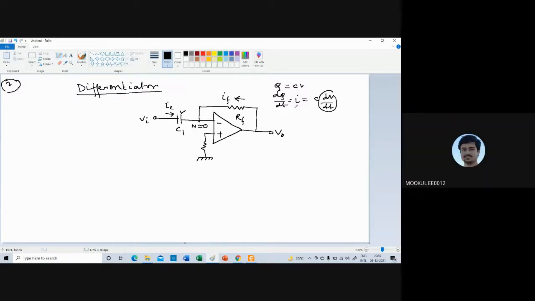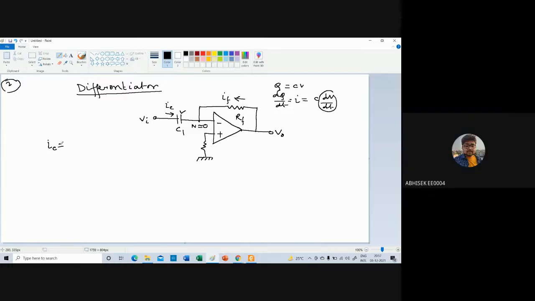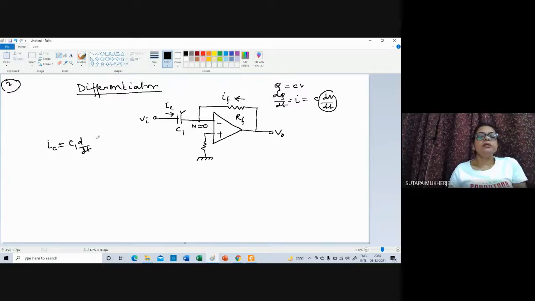You are using capacitance here, right? So what is IC? Anybody can tell me what is IC, from this equation? Very simple, it's C1 dVi/dt. Very good. d/dt of what?